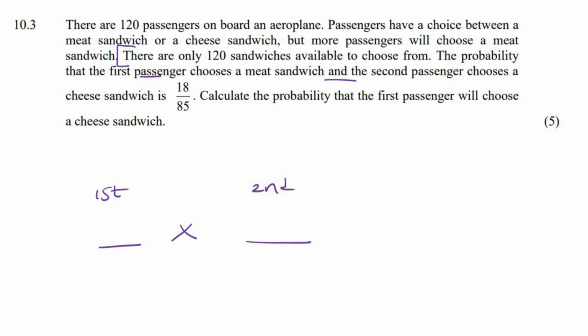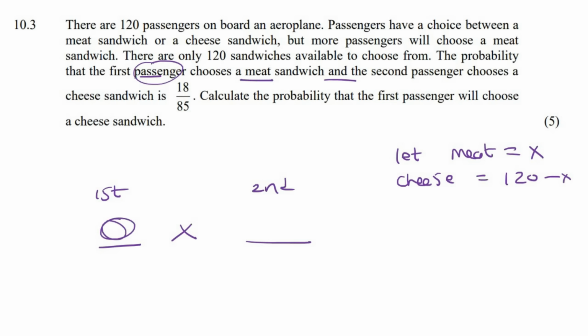So let's say all the meat sandwiches equal x. Then all of the cheese sandwiches would be 120 minus x, because there's only 120 sandwiches. If there's x meat, then there's 120 minus x cheese. So the first person: what is the chance that they're going to choose meat?